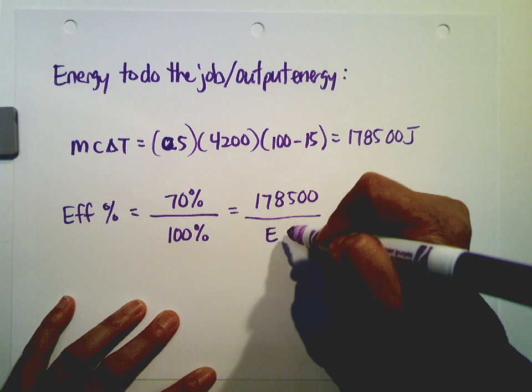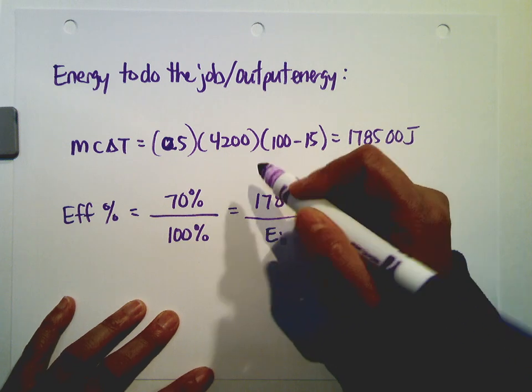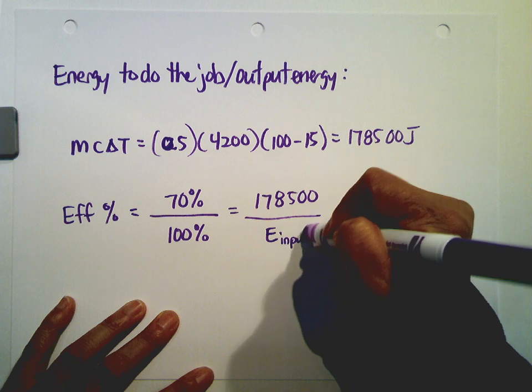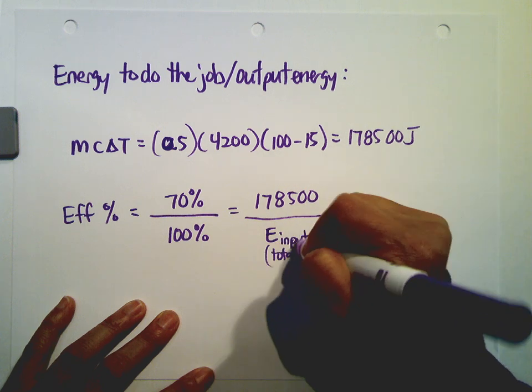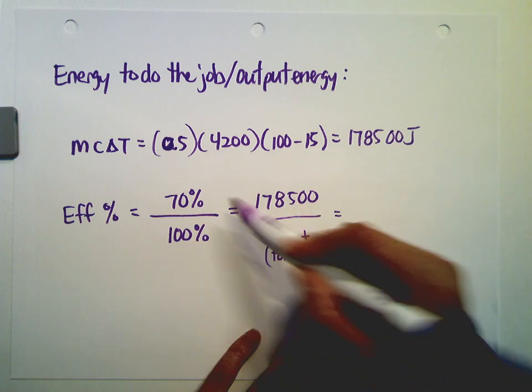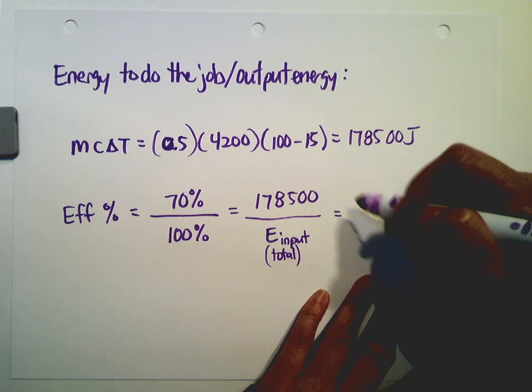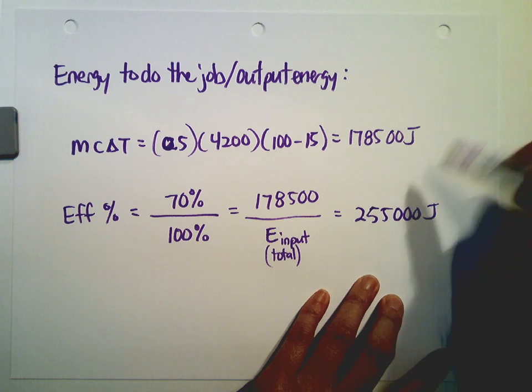And this here is E total, or E input if you like. You can also write the total energy if you like. Cross multiply, and you end up with 255,000 joules.